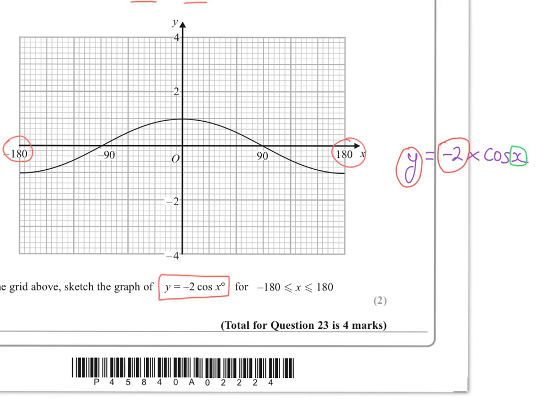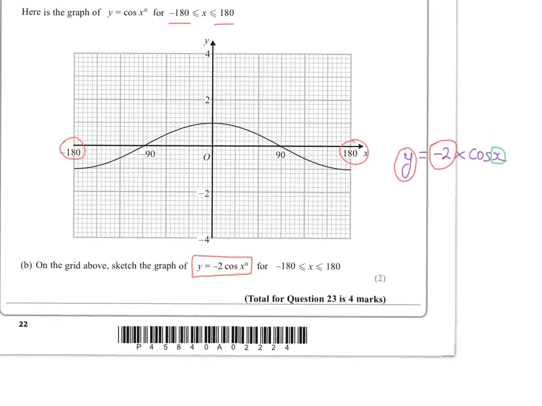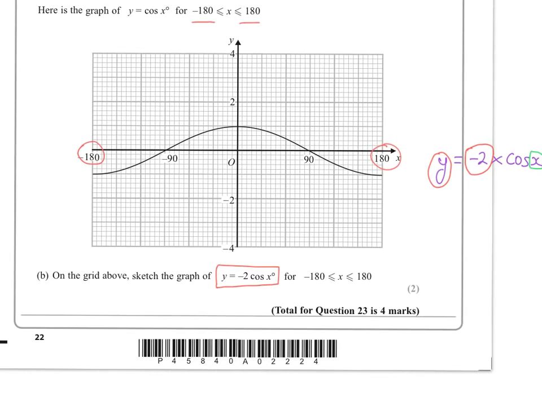So for example, if we take some coordinates on our given graph of cosine x, say this one's a nice one, we'll call it A, and we'll call that (0, 1). Well, what's happening? The y values are multiplying by negative 2, so that would go to the coordinate where the x stays the same, and the y value is now negative 2. So we can plot that one, and we'll have (0, -2), and there we are.